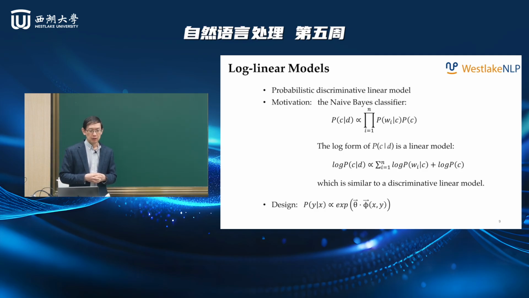So the logarithm form of naive Bayes is a linear model. So the log probability is linear. We got the original probability as a product, but the logarithm is a sum.